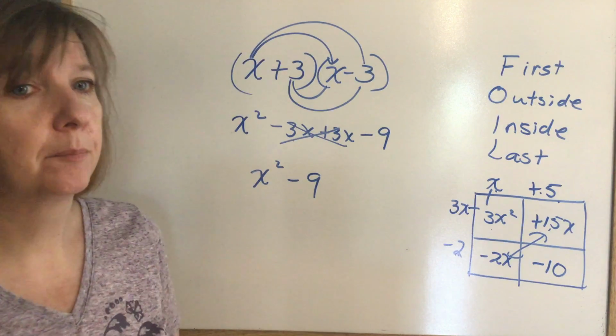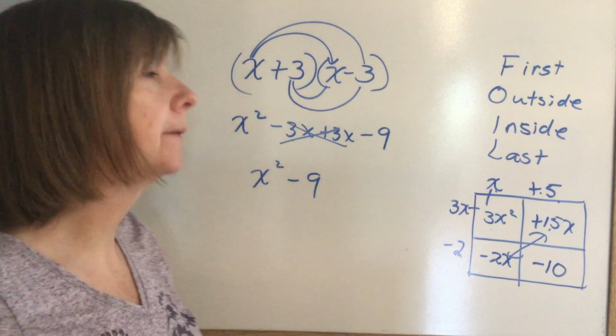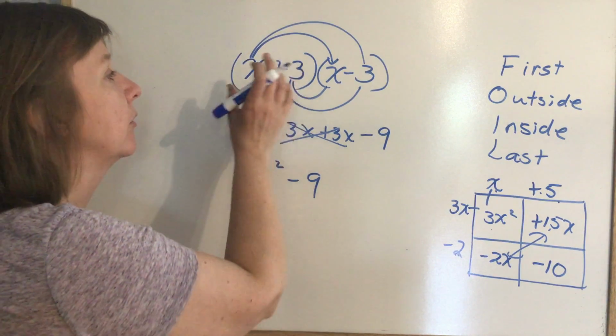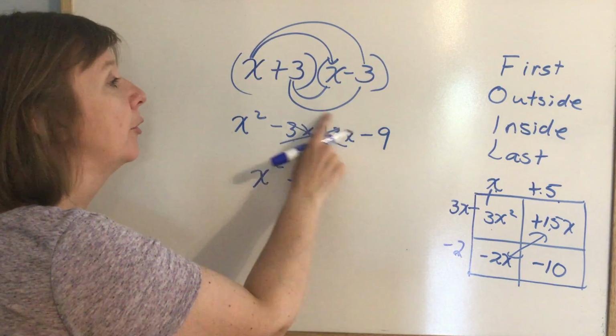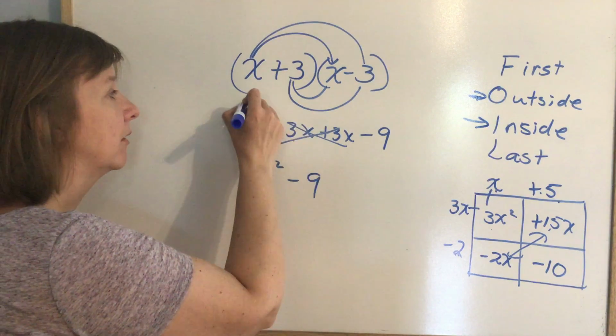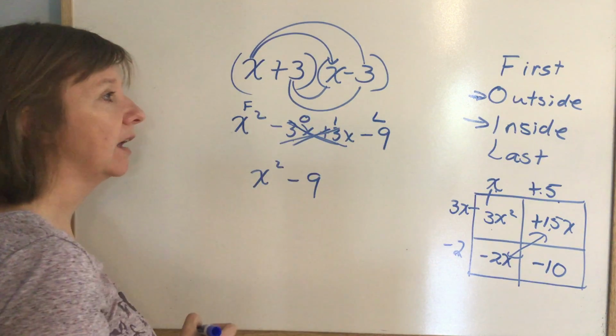But it's still something called a quadratic because there's an x squared on it, but you don't have to worry about that yet. So whenever you have a difference of squares, the brackets are exactly the same except one's positive and one's negative. Those outsides and insides pieces, because this is firsts, outsides, insides, lasts, will end up canceling out.